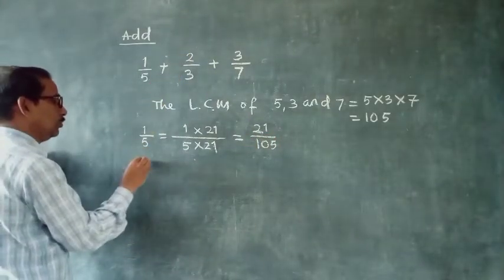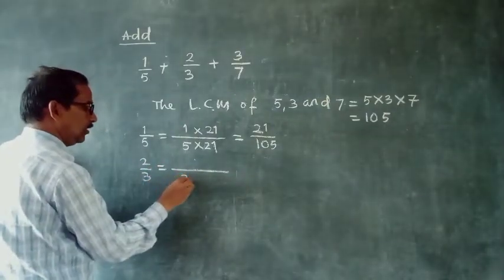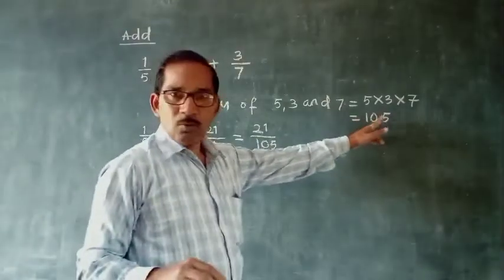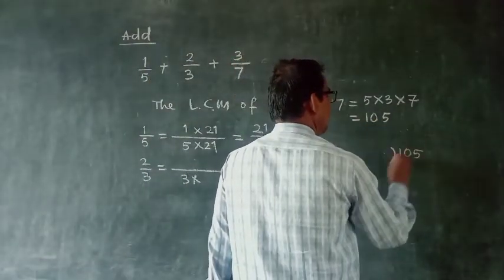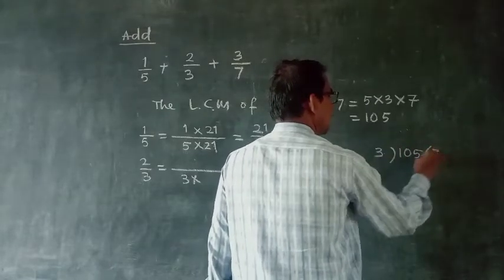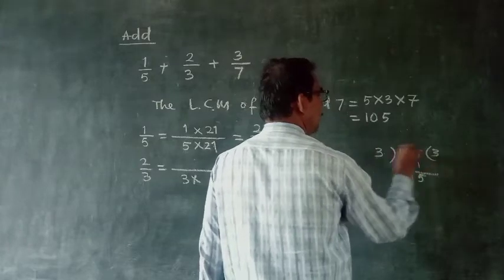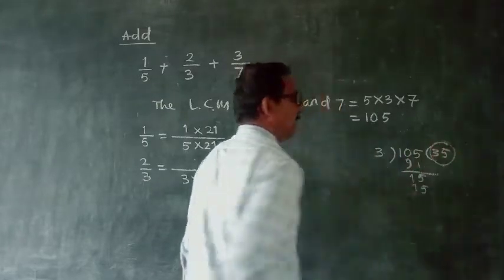Then it is also 2/3. Here we have to make 3 into 105. Then 105 is divided by 3. 3 threes are 9, 1. Then it is 5, 3 fives are 15. So the quotient is 35.